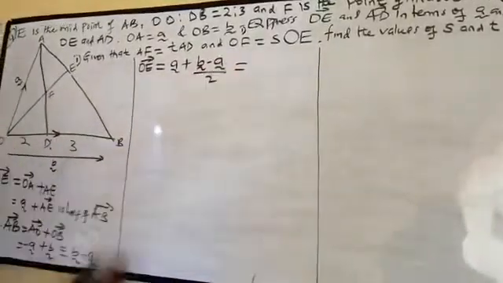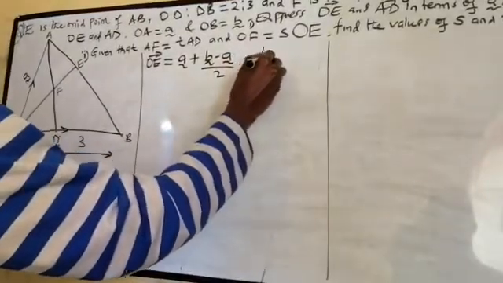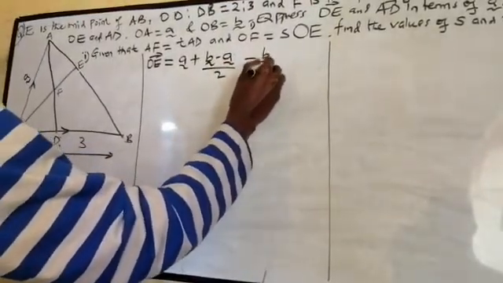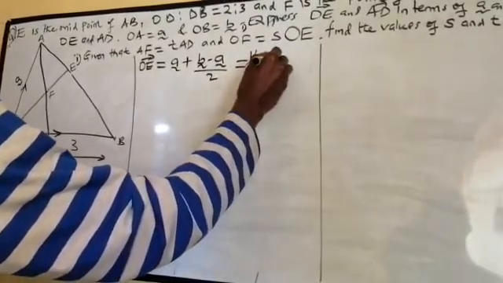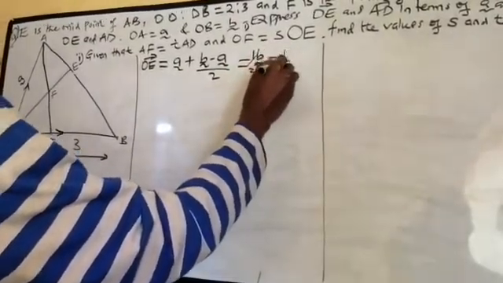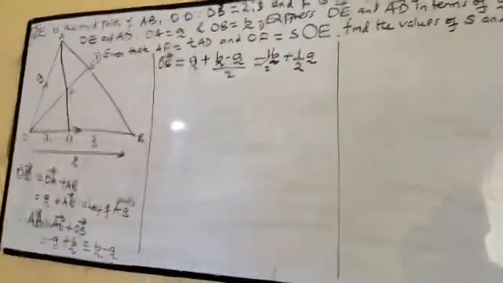If you want to write it beautifully, that will be half vector B plus half vector A. That is OE, which is done.